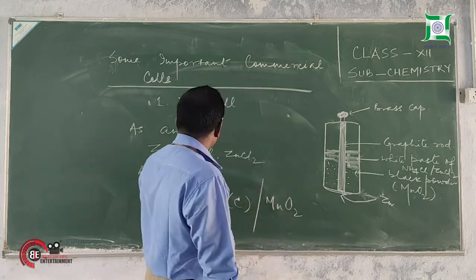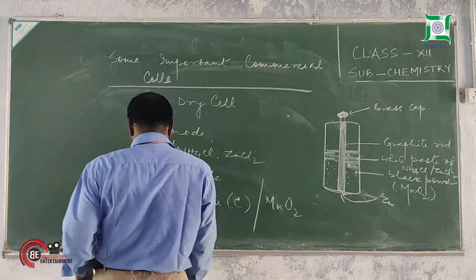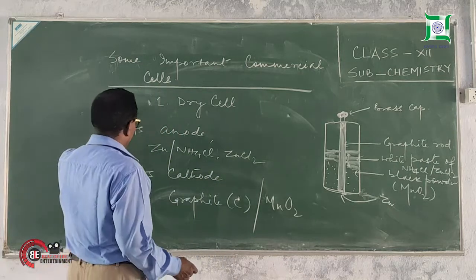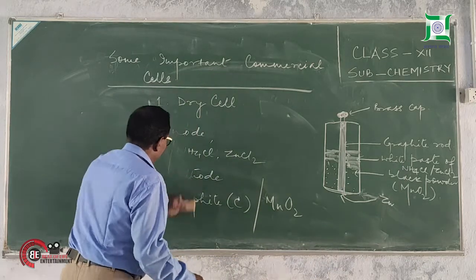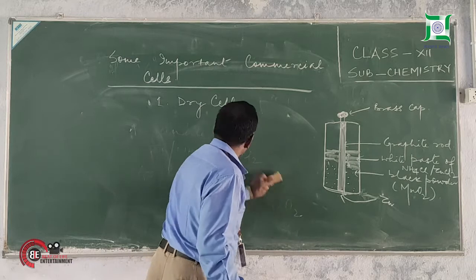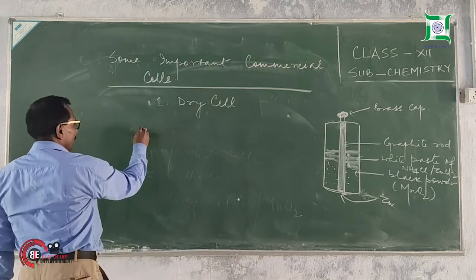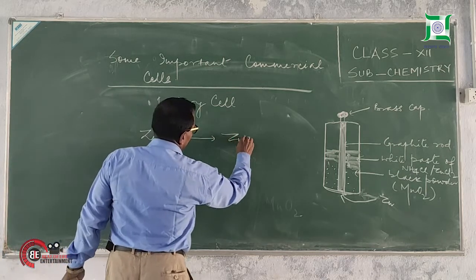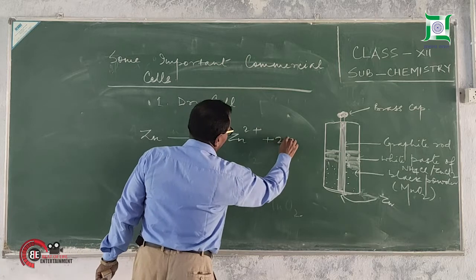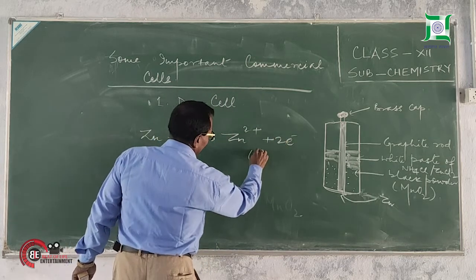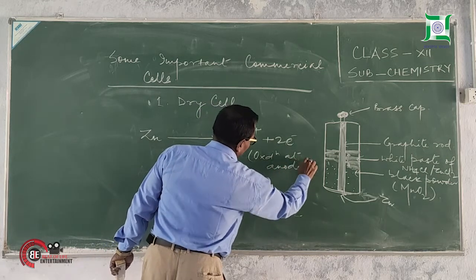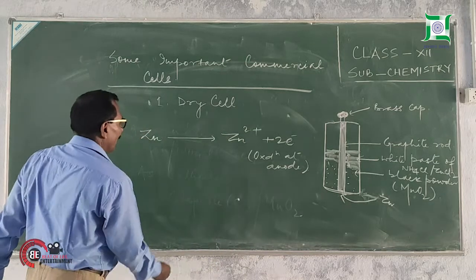Now, how can the cell reaction be written? First anode reaction, then cathode reaction, and combining these two reactions, we will get the cell reaction. So let us write it. First one is Zn gives Zn2+ by loss of 2 electrons, and here is oxidation at anode. So this is the anode reaction.